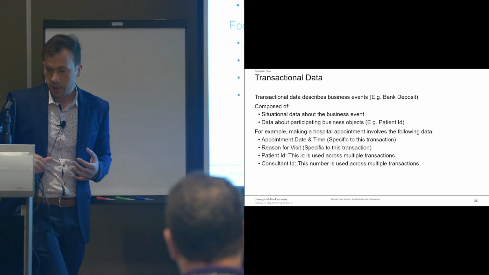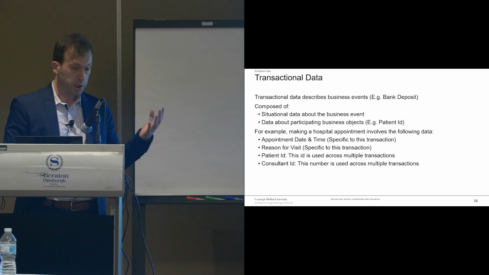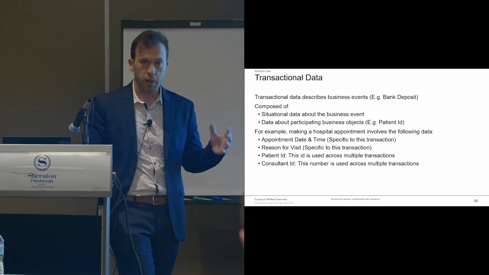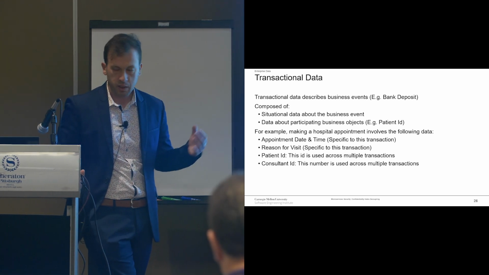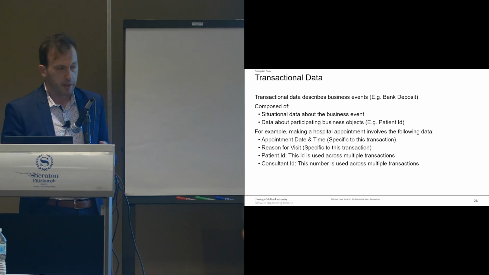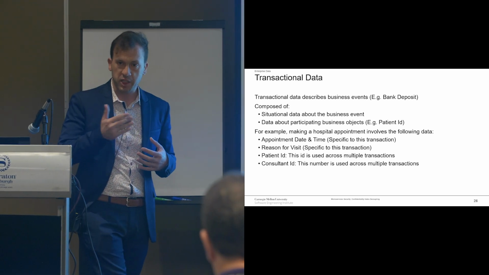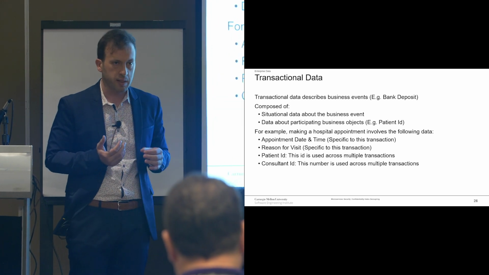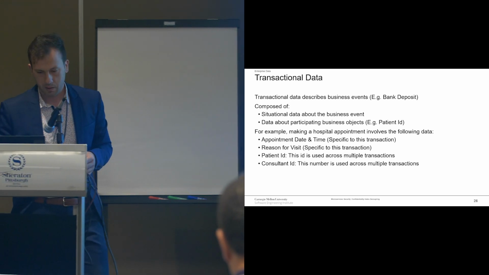It's also situational data. It's also composed of data about the participating objects. For example, the customer ID or the patient ID. Okay? These are references to data that exist in the master data of the organization.